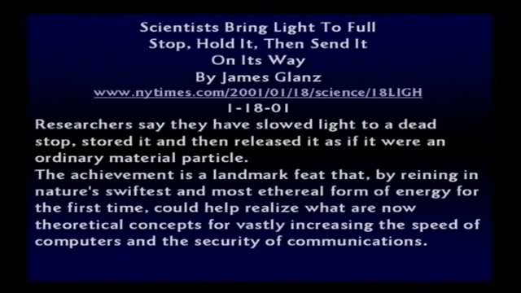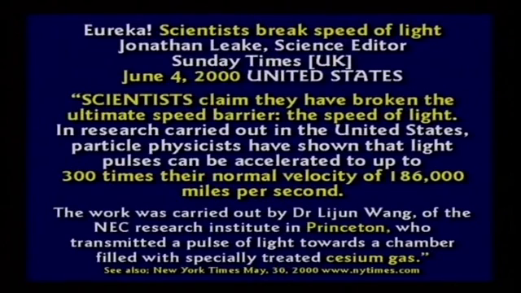They brought the speed of light to 0, held it there, and then released it, and it took off. The speed of light is not a constant. At Princeton University, they have an article in June of 2000 that says scientists claim they have broken the ultimate speed barrier, the speed of light. They accelerated light to 300 times the speed of light.